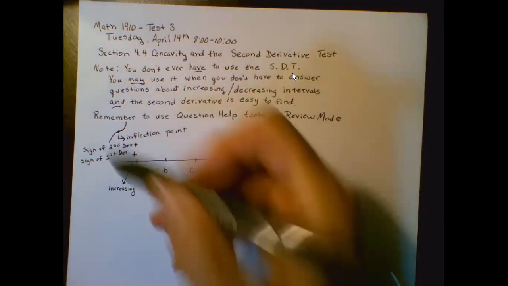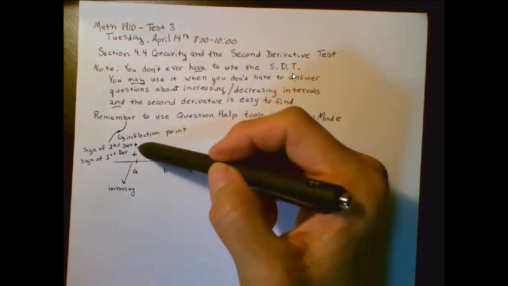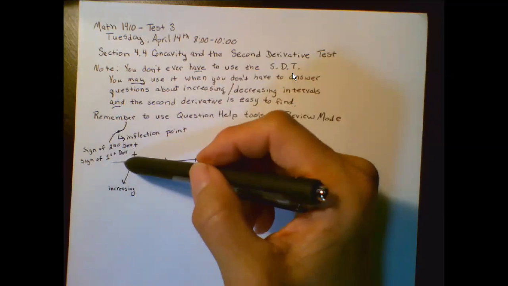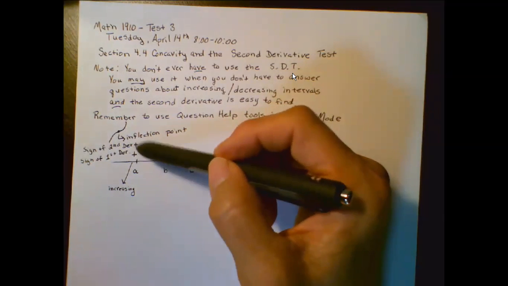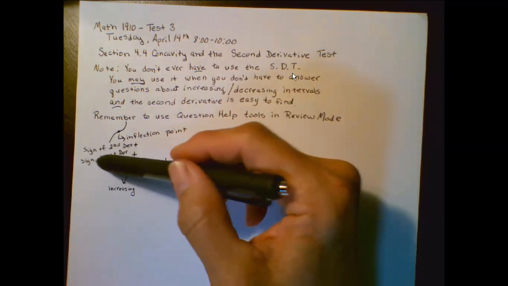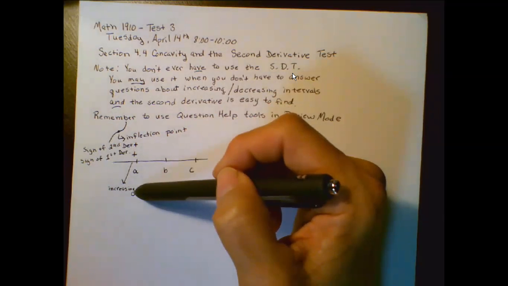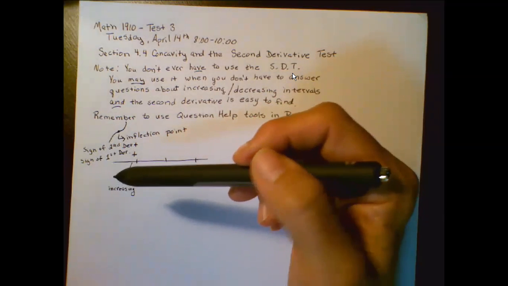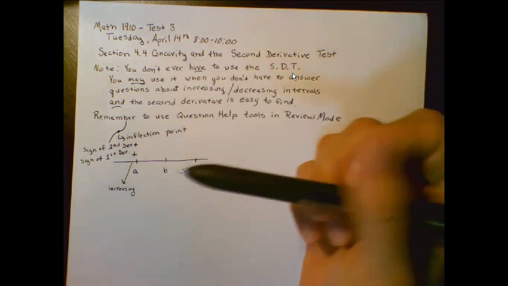Make sure your sign of the first derivative and sign of the second derivative aren't right over the critical point A. That's to the left of A. From negative infinity up to A, the function's increasing. And what do you look at to determine the concavity of the graph up to A?